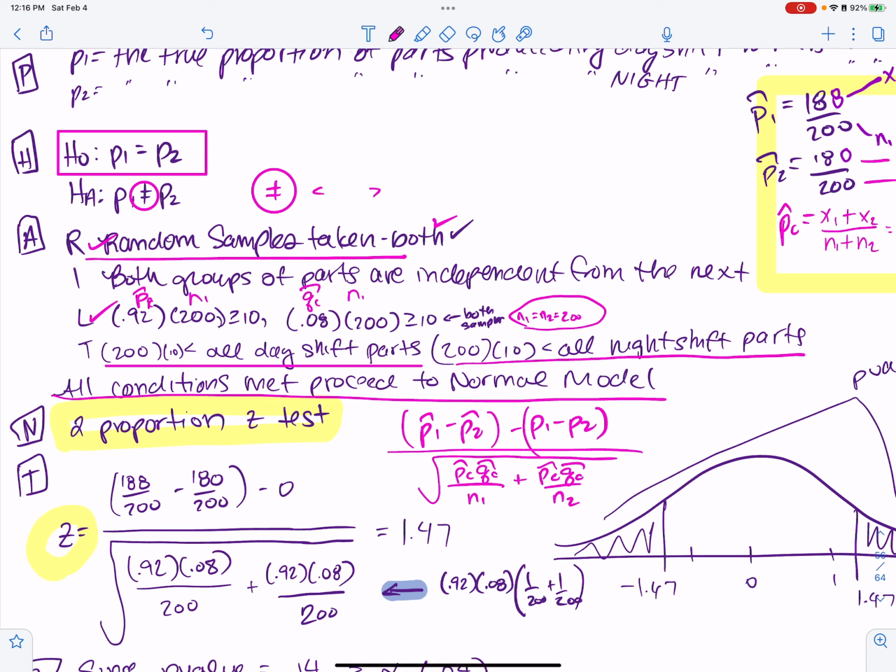You can find this formula on the back of your stats formula chart, and you'll see this one here.